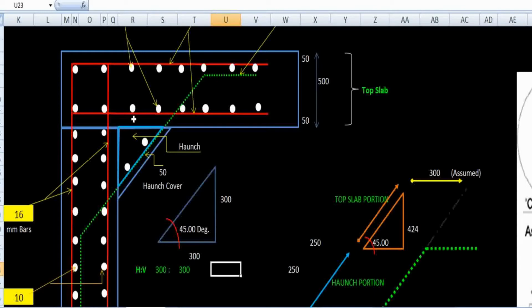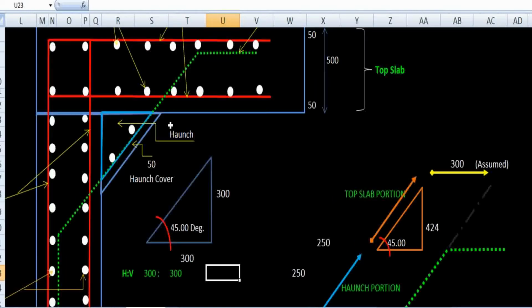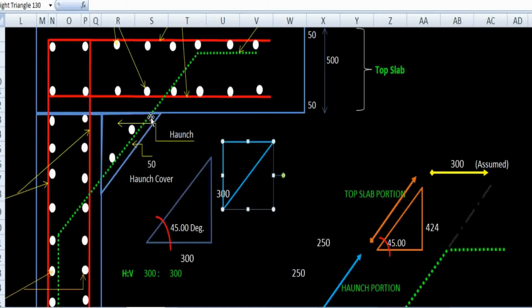So from here to here is 300, and from here to here equals 300, and we have to find out the value from here to the green line cross section. Okay, and we have the haunch cover as 50 millimeter. So if I deduct 50 from 300, then it will be 250 mm, right?